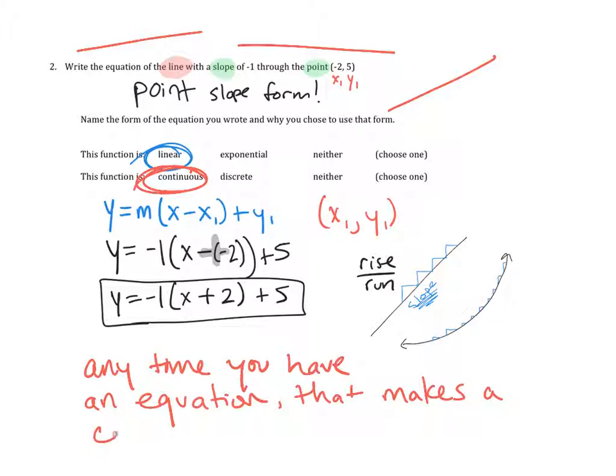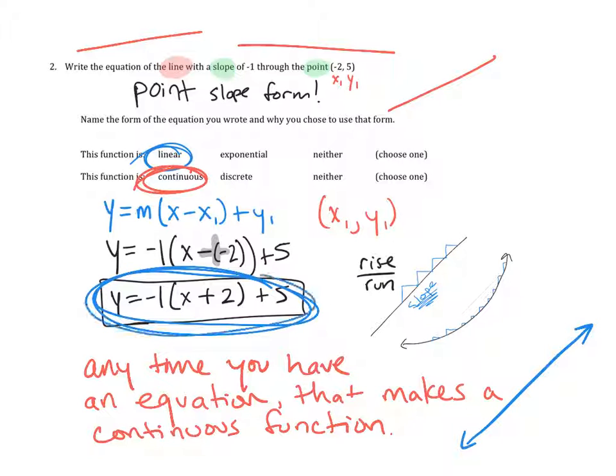And the reason why that is because when we have a whole equation, that means I can make a whole line, because I have a starting point and I have a slope, so I know what everything is going to be on the equation. And for an equation, anything I plug into this equation, any x and any y, anywhere on that line is going to work. So it's continuous. It's every single point possible.